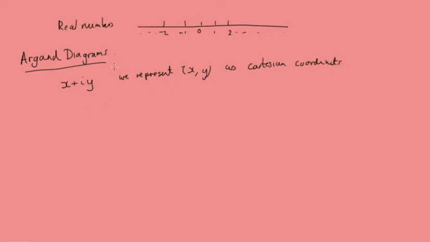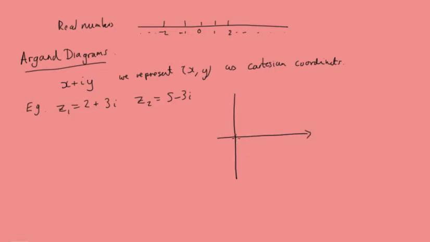So, for example, say we had z1 is equal to 2 plus 3i, and we've got z2 equal to 5 minus 3i. So this would be our Argand diagram for these coordinates.